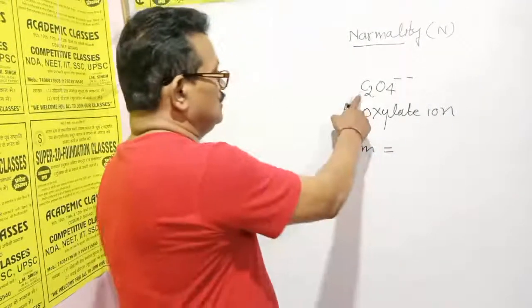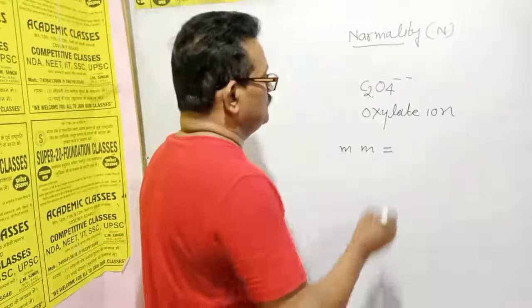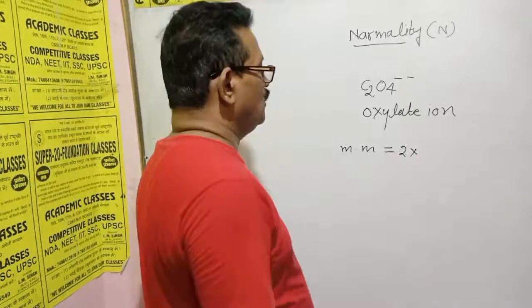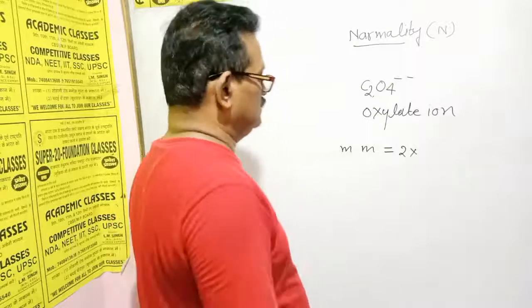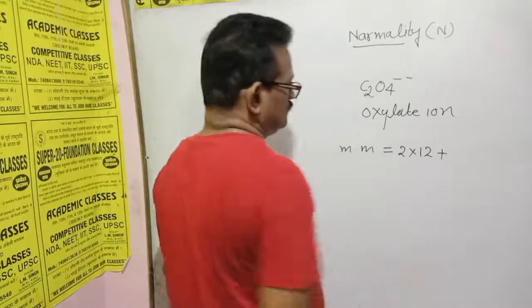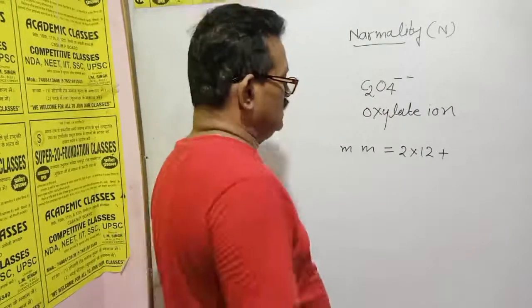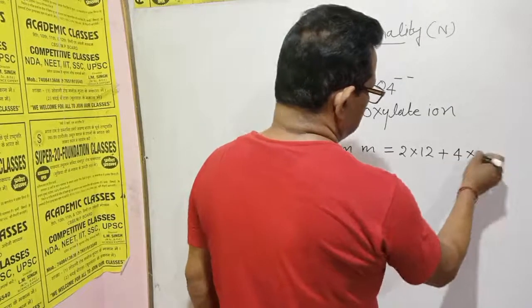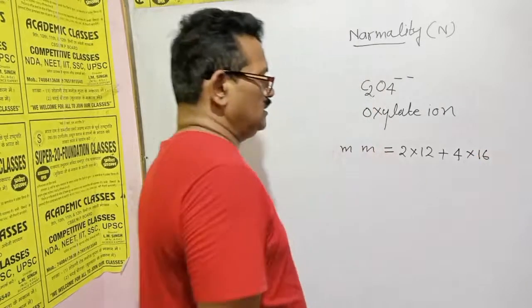You see the number of carbon is 2, so you write 2, and one carbon has atomic mass 12, so you write 12, plus the number of oxygen is 4 here, so you write 4, and one oxygen has atomic mass 16, so you multiply by 16.